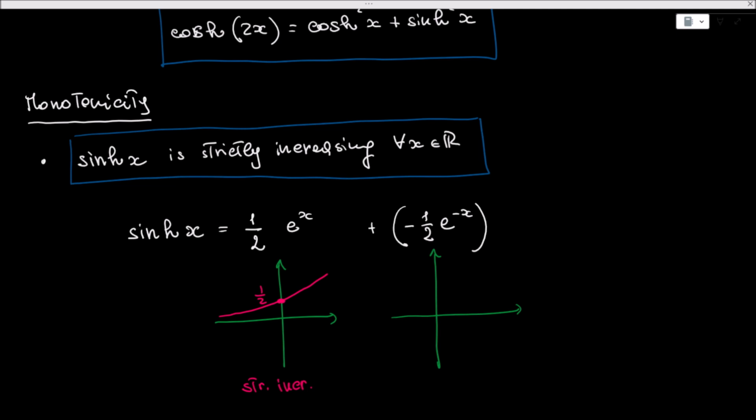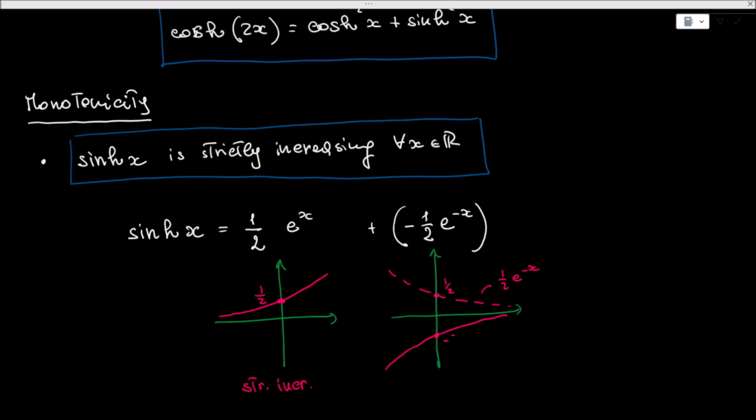Let me first consider 1/2 e to the minus x. Okay, so this would be 1/2 e to the minus x, so with this 1/2. But we need to mirror this function with respect to the x-axis, so that we get exactly this.